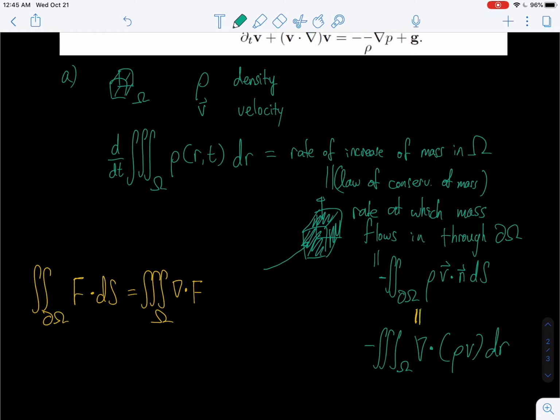And because these two are equal, what we started with was right here in the beginning, and here's what we ended up with. They're equal. And so I'm going to add this result to both sides of the equation, and I'm going to write that as a partial, because rho, the density, not only depends on time, but it also depends on the location.